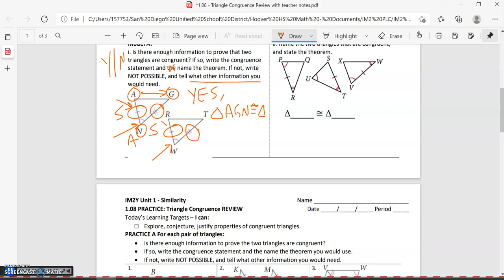So my one line side is here, going towards my two line side. So it's RT, and then our last letter is W. And then because of side, angle, side.